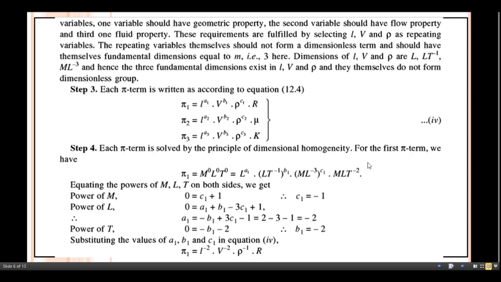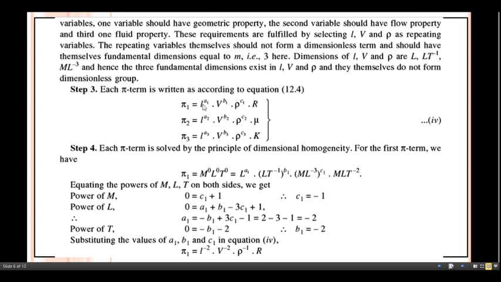For the first pi term, pi 1, what about the dimensions on the left side? Every term is missing, so mass raised to 0, L raised to 0, T raised to 0. This indicates the dimensions of the left side. And what about the dimensions of the right side?